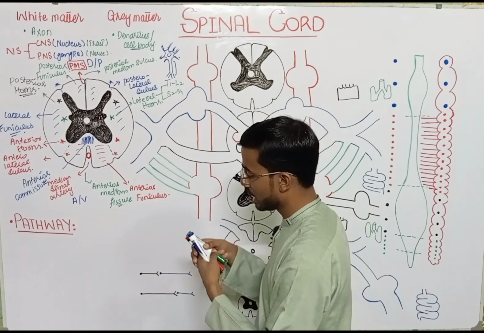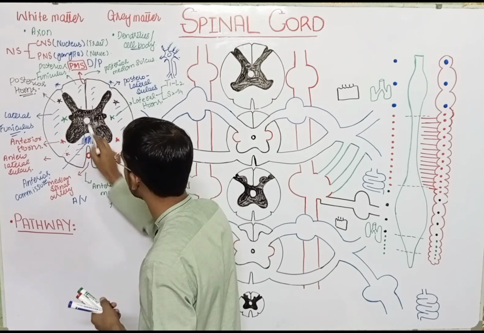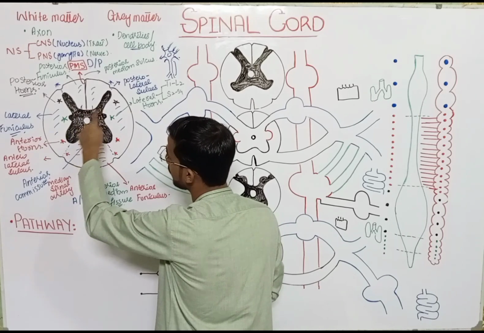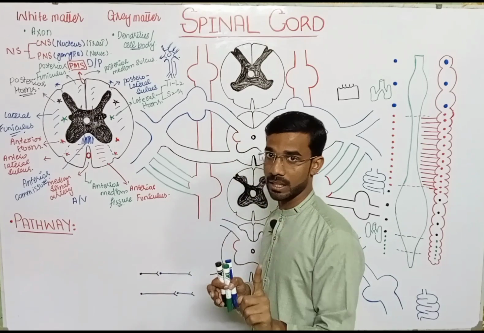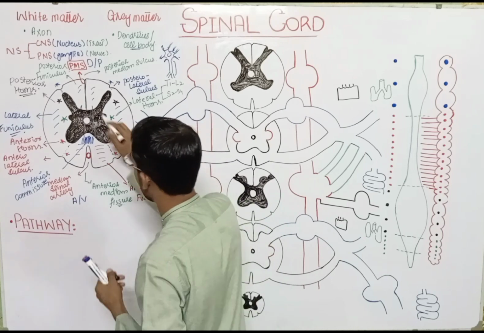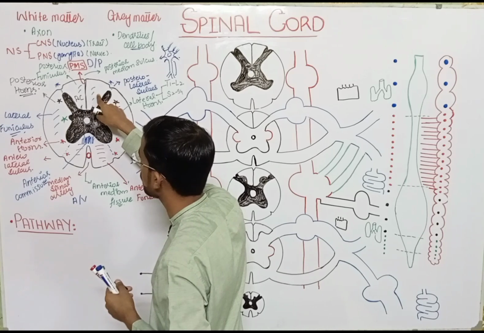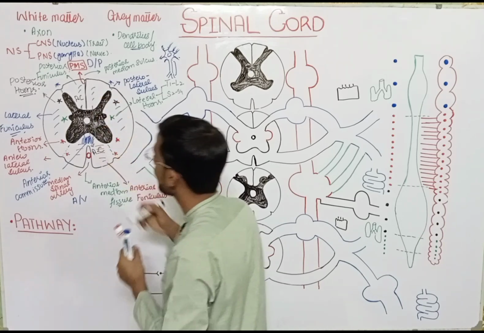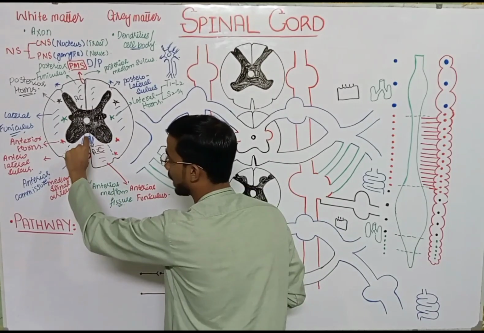And this portion is also a junction at the posterior side and the anterior side. So in the gray matter you will see two commissures: the posterior commissure at the posterior side, and the anterior commissure at the anterior side, just like the white matter commissure.